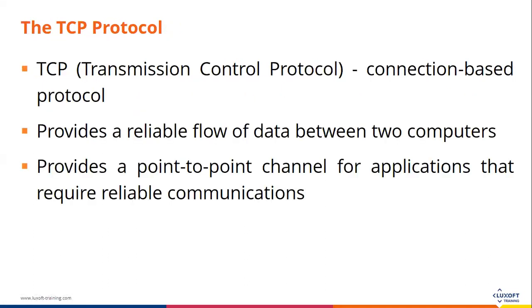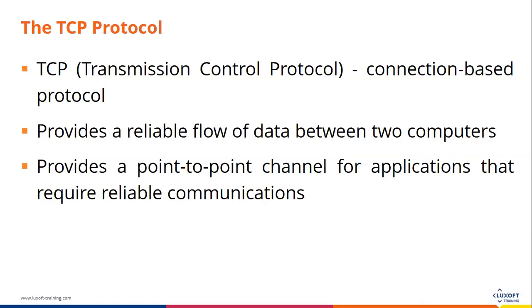So about the TCP protocol, I was saying that it belongs to the transport layer and it is a reliable flow. It provides a reliable flow of data between two computers. It means that it is a safe protocol.